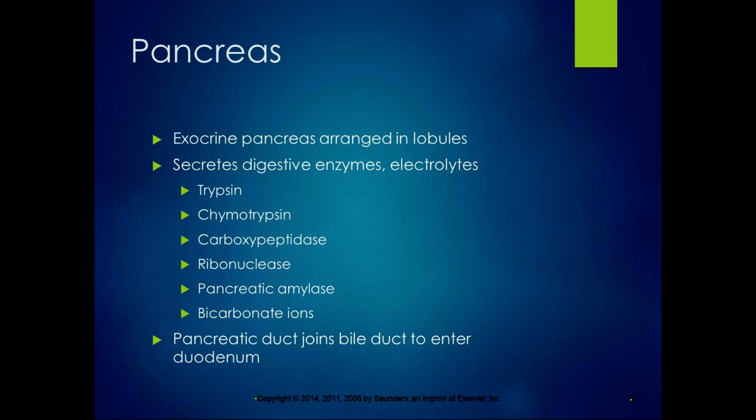The exocrine pancreas is arranged in lobules, and it secretes digestive enzymes and electrolytes. So there are tons of digestive enzymes. I'm not going to read the list to you. You all can read. But they all go into digesting things so then they can be absorbed in the small intestine. The pancreatic duct joins the bile duct and then goes into the duodenum, which is part of the small intestine.